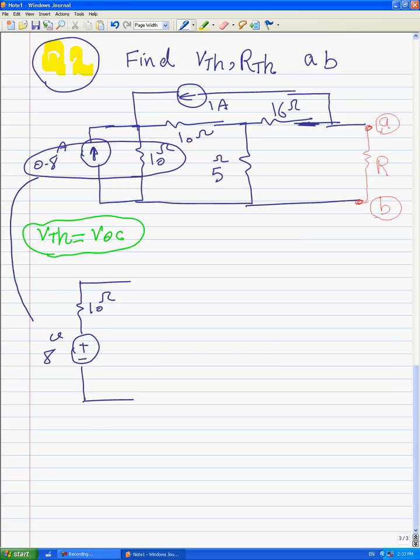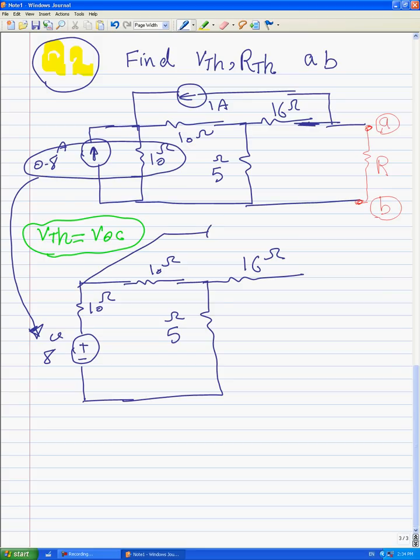I'm changing this current to a voltage source. And we have 10 ohms here and 5 ohms here and 16 ohms here, and also we have 1 amp here.